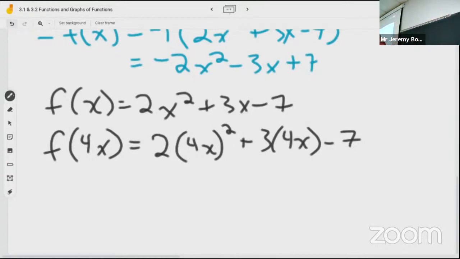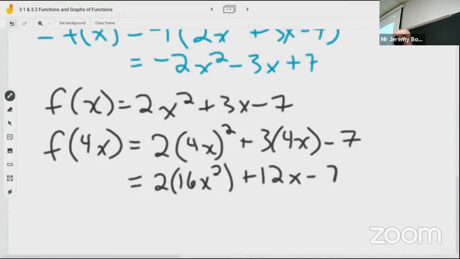If we square the 4x, basically, you square the 4 and you square the x. So it's going to be 2 times 16x squared. 3 times 4x is going to be 12x and the minus 7. And then multiply the 2 times the 16 and get 32x squared plus 12x minus 7.